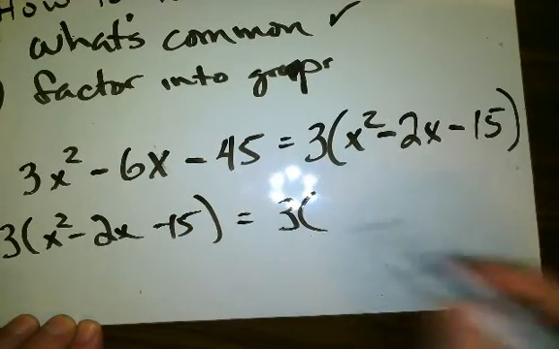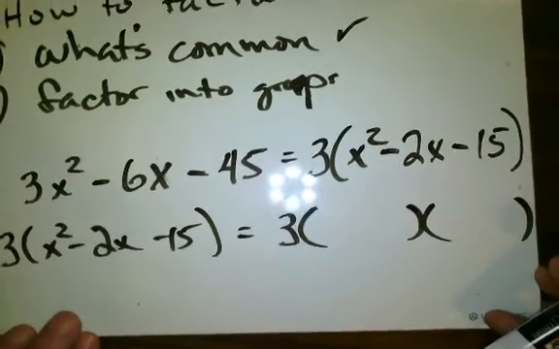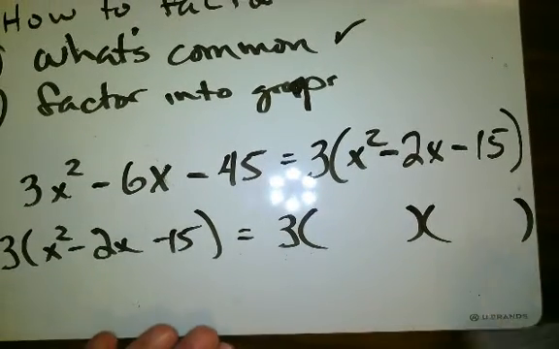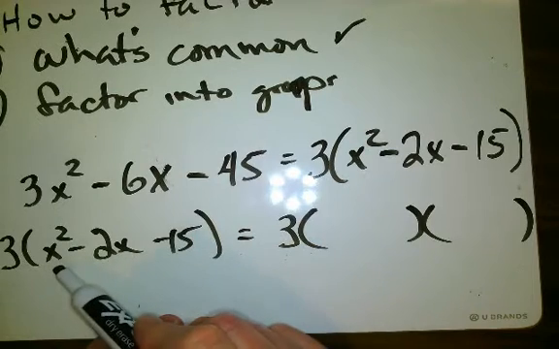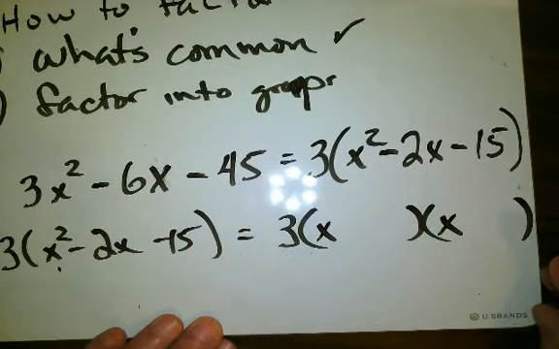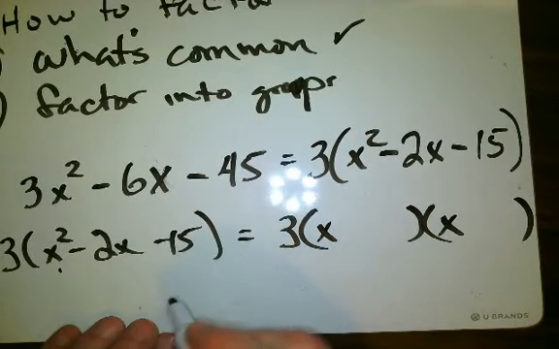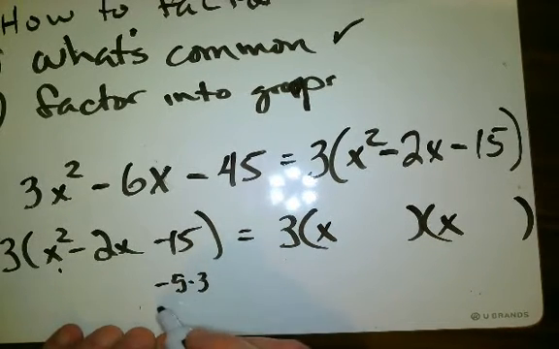And now I have to leave the 3 out in front. And then I need to put the values where they go. So the numbers that multiply to be x squared, there's only one way, x times x. To get negative 15, remember, you could have negative 5 and 3. You could have positive 5 and negative 3.